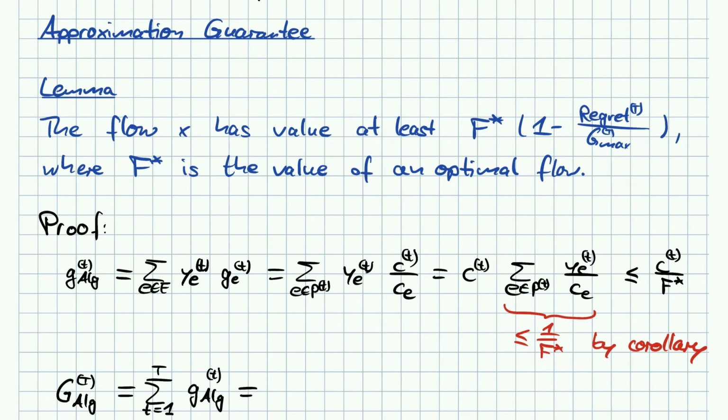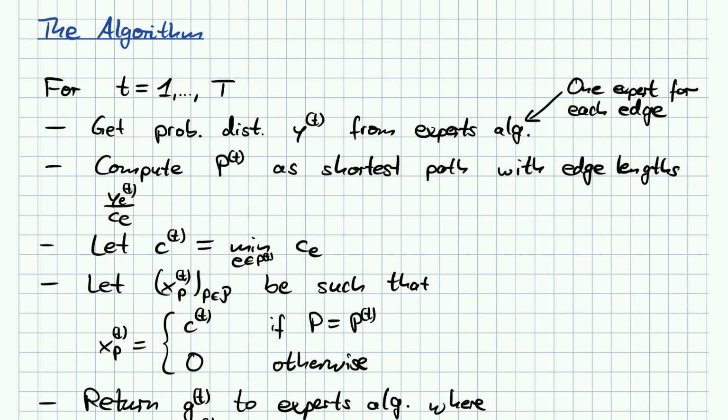So this is at most 1 over f star times the sum of these c_t. But how big is the sum of the c_t? Maybe let me once again go back to our algorithm. c_t, well, this was by how much we're increasing the flow with our x_t.